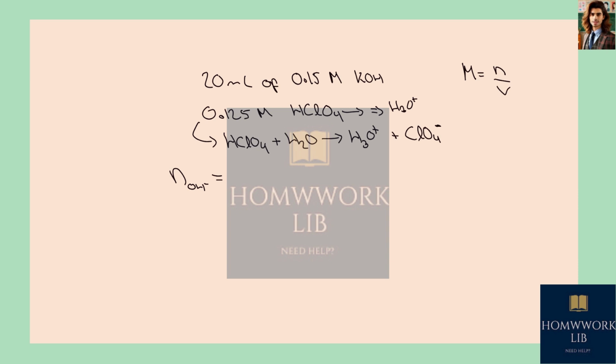This is the volume in liters, so 20 times 10 to the minus 3 liters of KOH times the concentration, 0.15 molar, which is going to give us 3 times 10 to the minus 3 moles of KOH in our solution, or of OH minus in the solution.